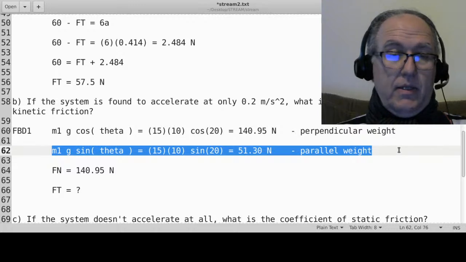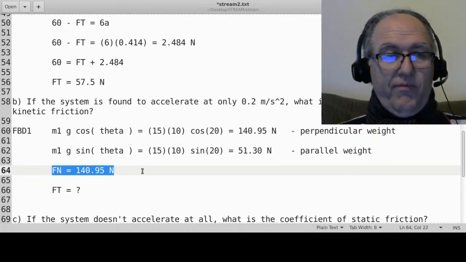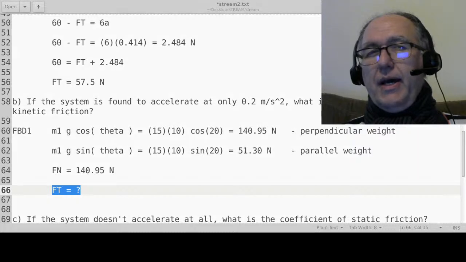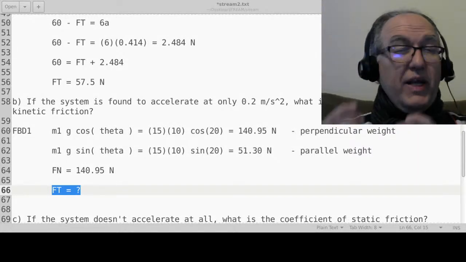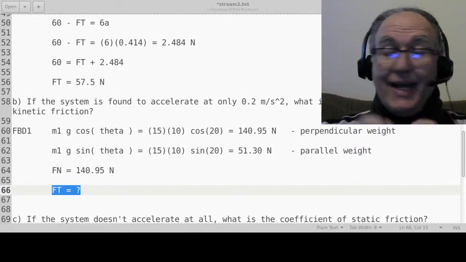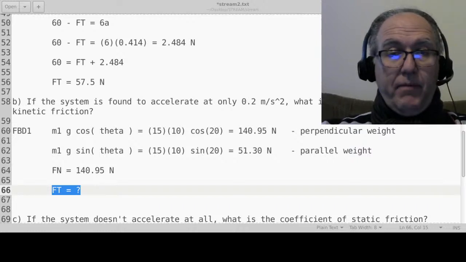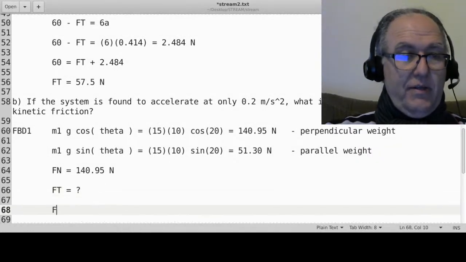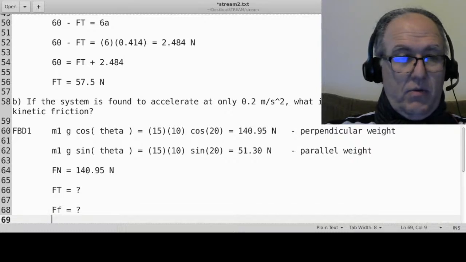The parallel component stayed the same. The normal force stayed the same. Ft is unknown in part B, and it's not the same value as it is in part A. And there's also Ff, the force of friction, which is unknown.